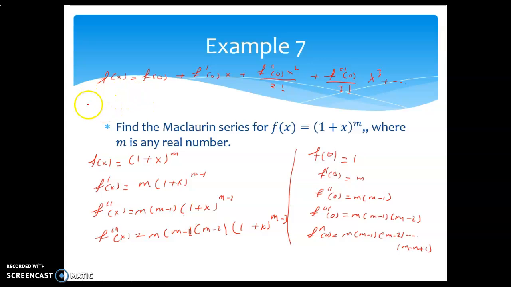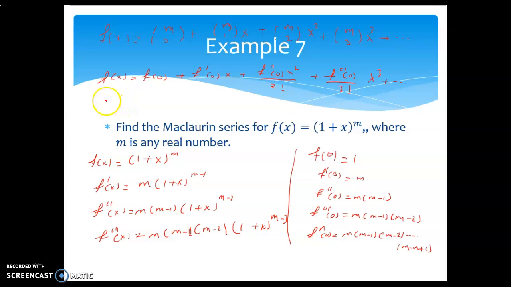So then the Maclaurin series would look like this. F of x is going to be equal to m choose 0 times x raised to the power of 0, plus m choose 1 times x, plus m choose 2 times x squared, plus m choose 3 times x cubed, and so forth.